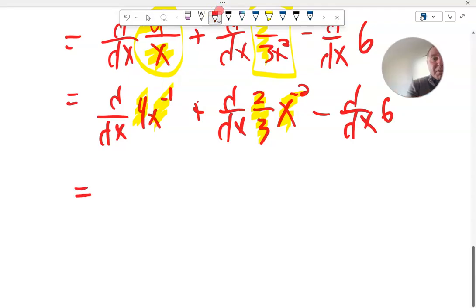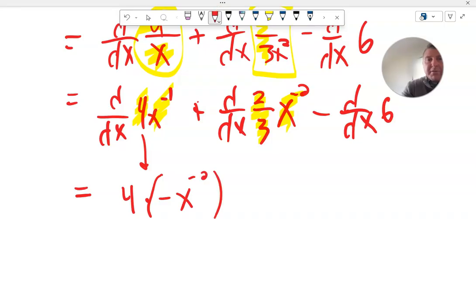And the derivative of 4 is my coefficient, so it's going to be 4 times the derivative of x to the negative 1. Now the derivative of x to the negative 1, use the power rule, so the negative comes down in front, and then I subtract 1 from the power, so negative 1 minus 1 is negative 2.